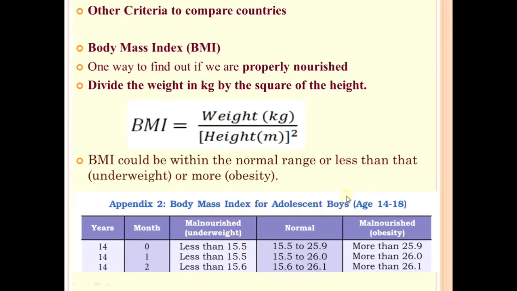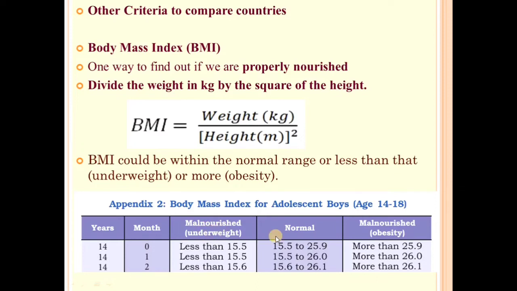It is separate for boys and girls, and it depends on the age. Let me give you one example. If a boy is of 14 years of age and 0 months, exactly 14 years of age, then the range is 15.5 to 25.9. So if a particular student's BMI is lower than 15.5, it means that he is undernourished or underweight.